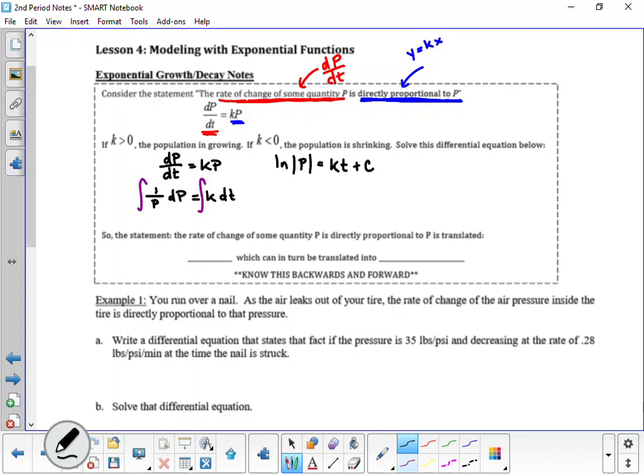Yes, I was just confused still in the first part. Why is it kp and not kp double prime? Like, what do you mean? Because it's dp over dt is equal to kp, and it says it's directly proportional to p with the two apostrophes. Oh, yeah, that's the end of the quotation. I thought that was like the second derivative.